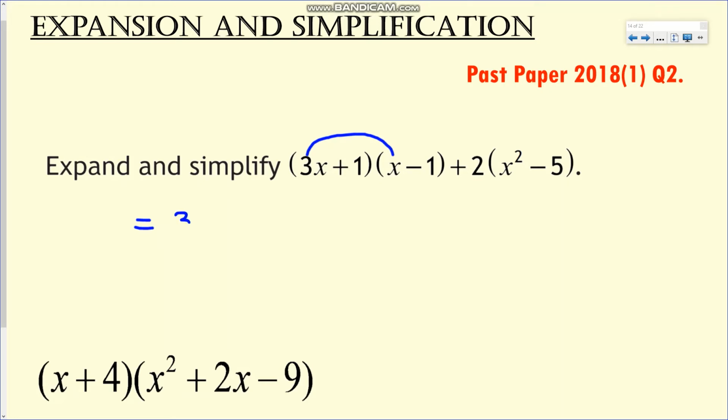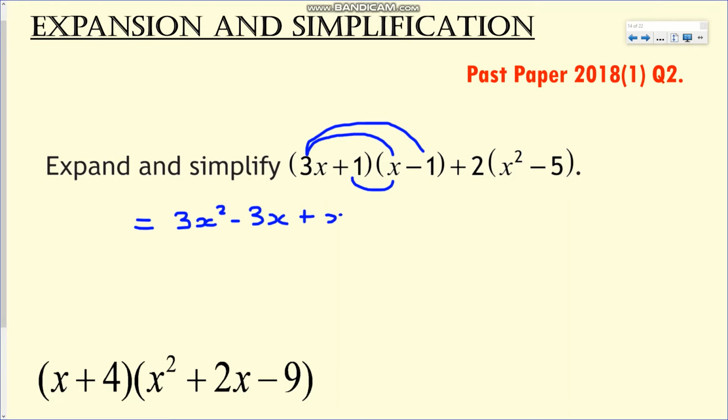That leaves me with 3x squared. Outer, that's going to be the 3x times the minus 1. That'll give me minus 3x. The inner, that gives you plus 1 times x, which is just plus x.